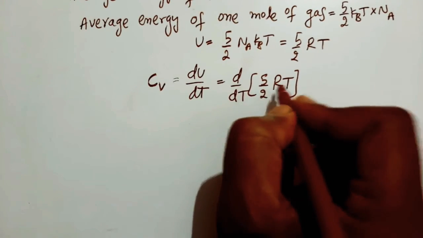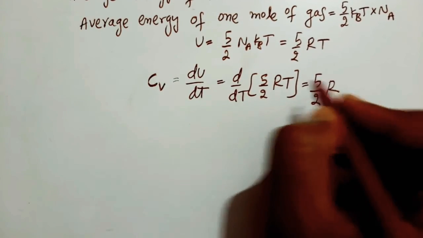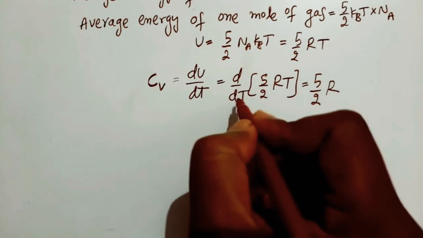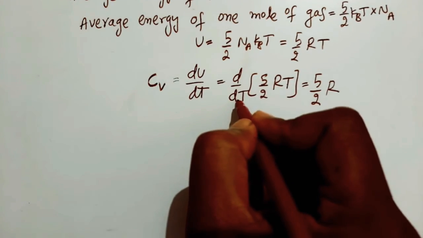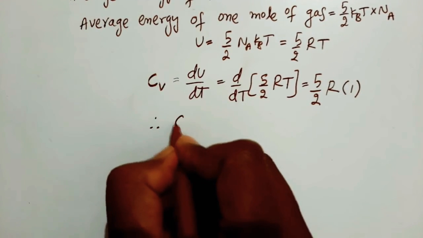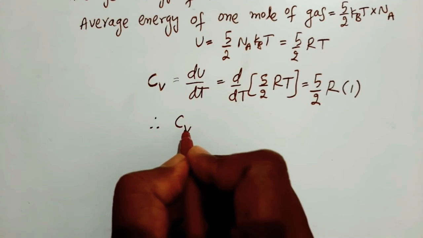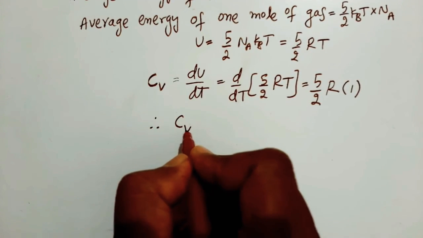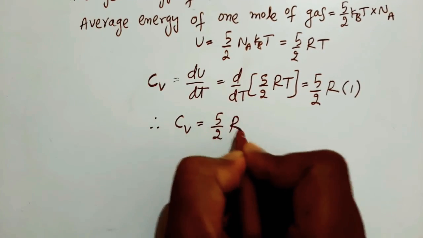Here 5/2 R is constant, take outside, that is 5/2 R. Here dT by dT, that is differentiation of temperature with respect to temperature, is 1. So finally we get for a diatomic molecule specific heat capacity at constant volume Cv is 5/2 R.